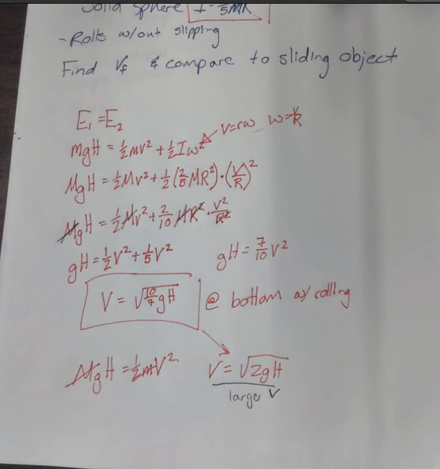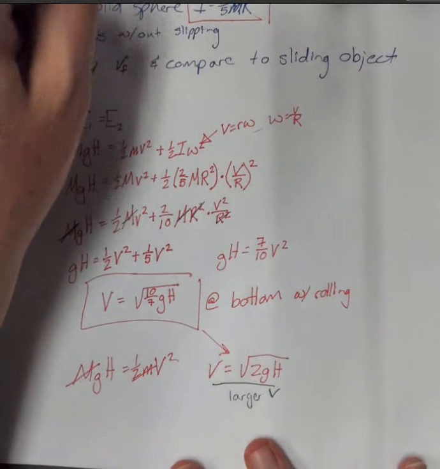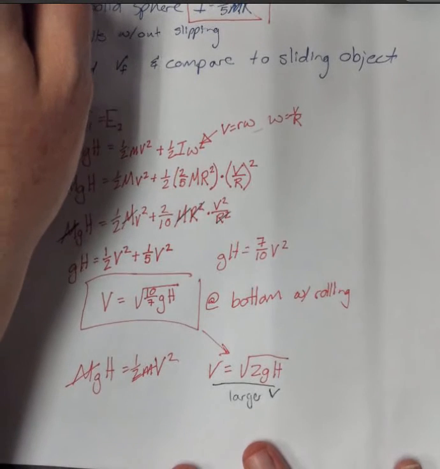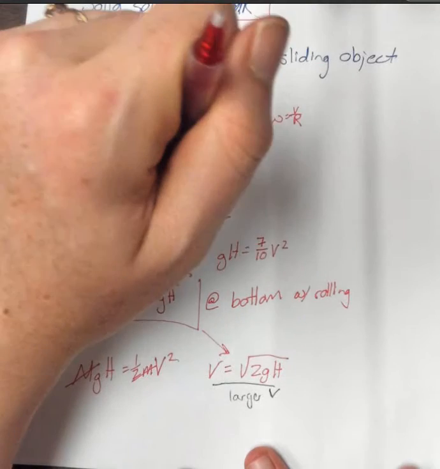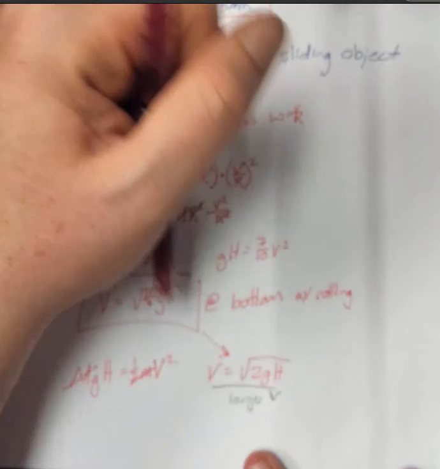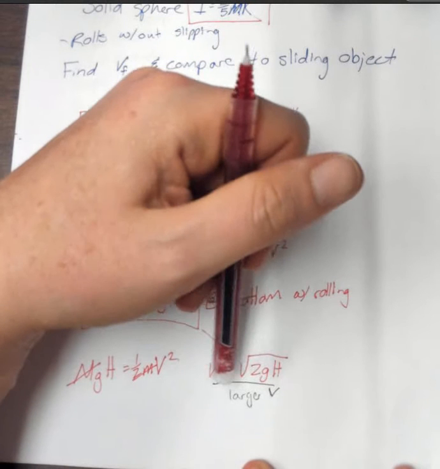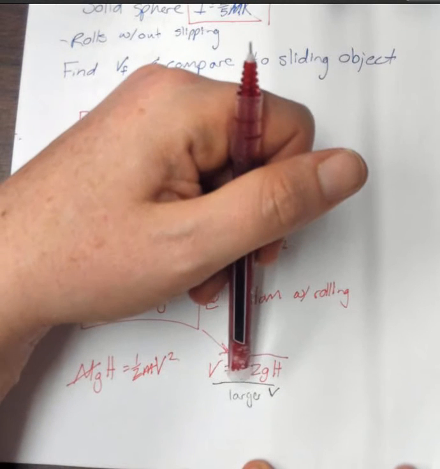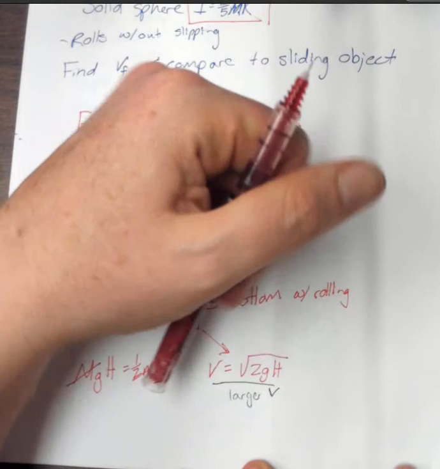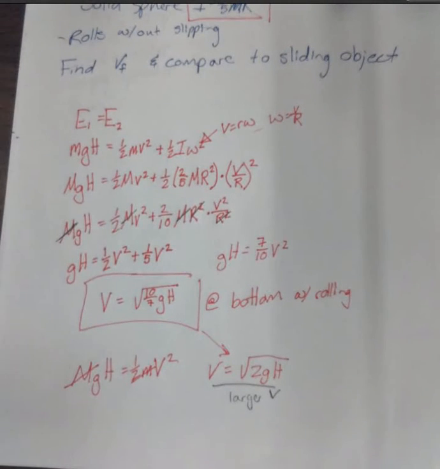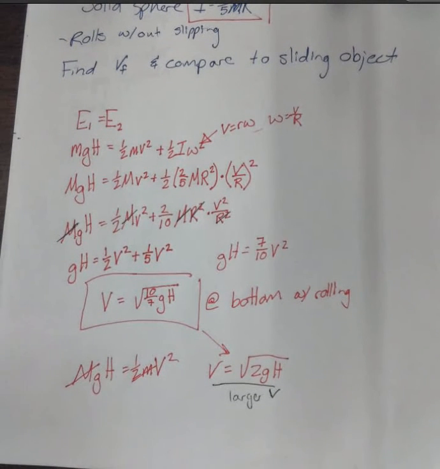And the reason is that some of the potential energy for objects that roll gets translated into rotational kinetic energy, whereas for a sliding object, all of the energy gets converted into linear kinetic energy. And so that should make sense. This is also interesting because we were able to show that the speed at the bottom of the hill was independent of the sphere's mass and of its radius.